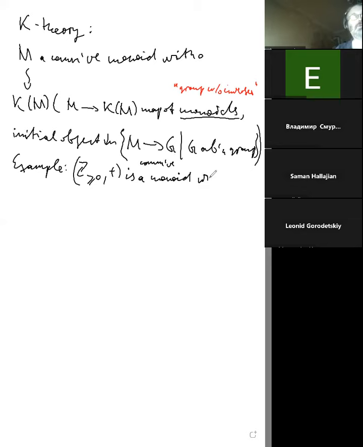Okay, it is clear. And what is K of M? M is a commutative monoid with 0, and K in this case is equal to Z, just Z.